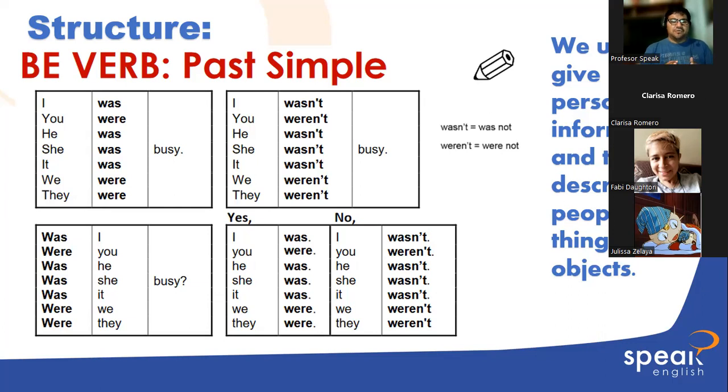Okay, well, remember that with was, you use I, he, she, and it. And with the subjects you, we, and they, it would be were. Does that make sense? Yes. Okay, okay. Any other question?